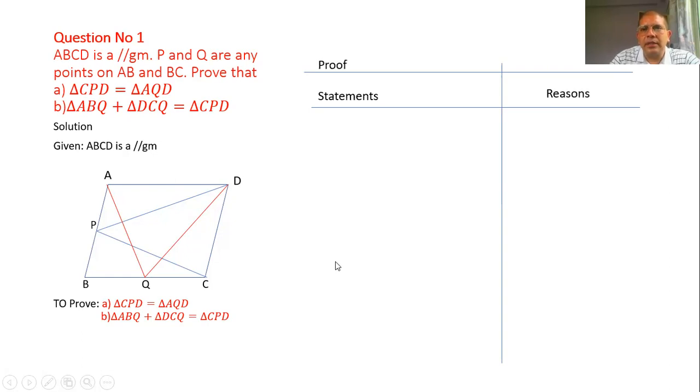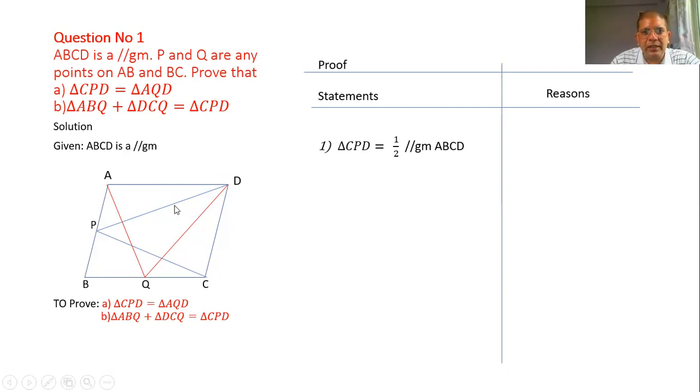It is proof statement and reason number 1. You can observe in parallelogram ABCD, only observe triangle CPD. Now triangle CPD and the parallelogram ABCD both are standing on base CD. So area of this triangle CPD is equal to 1 by 2 of parallelogram ABCD.